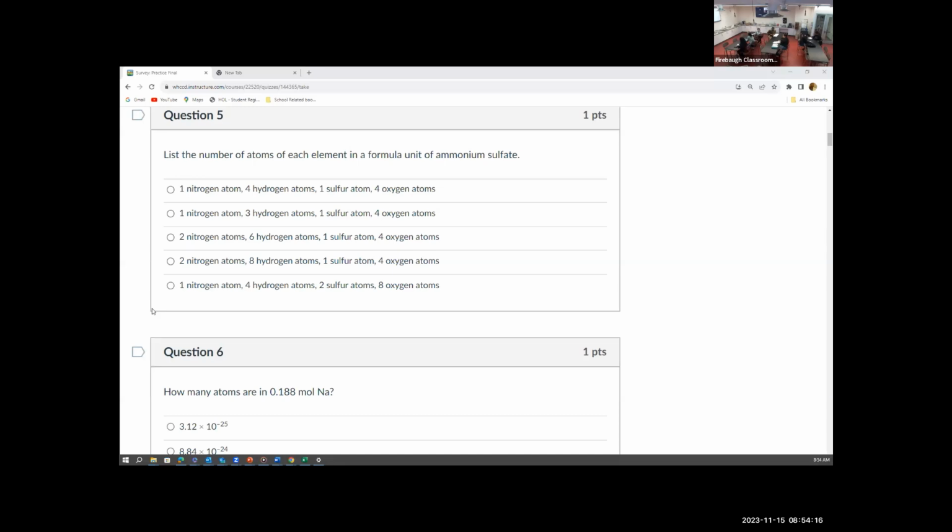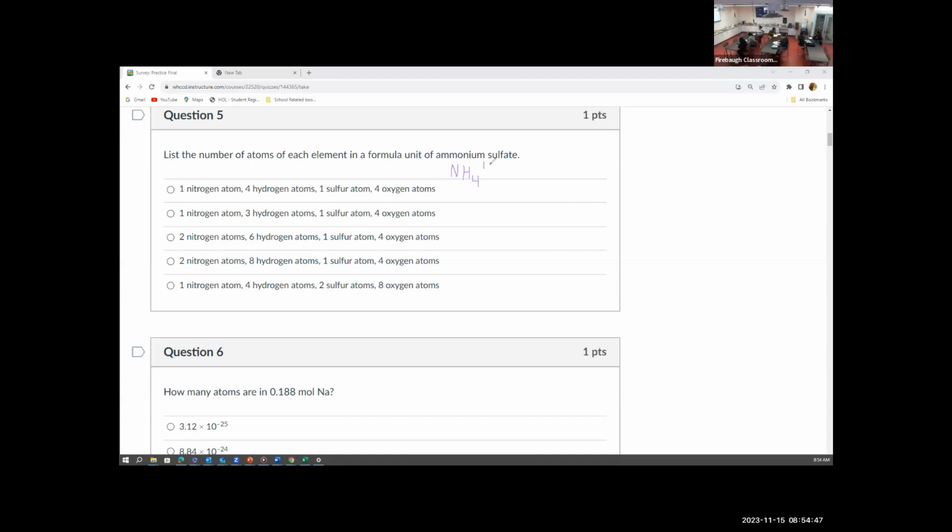Okay, so what is the chemical formula for ammonium sulfate? Was that the first thing I want to do? Figure out the chemical formula. Okay, NH4. And what is the typical charge on ammonium?